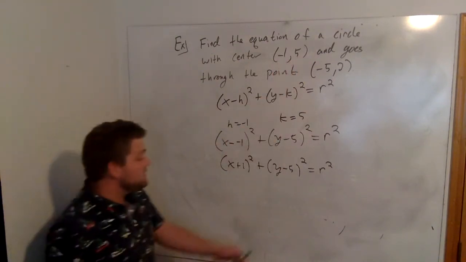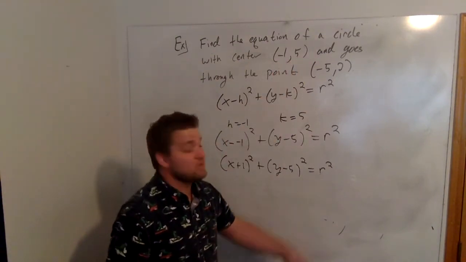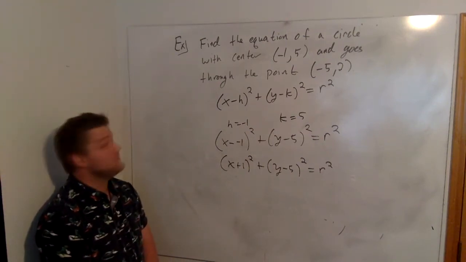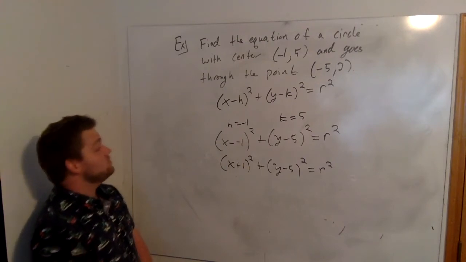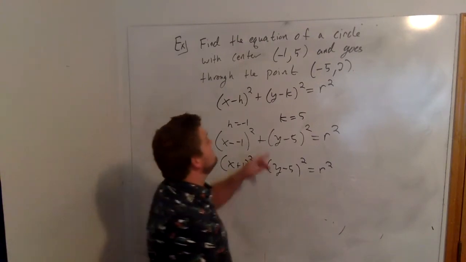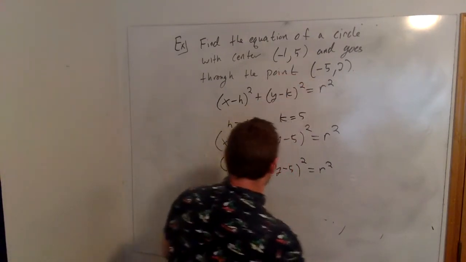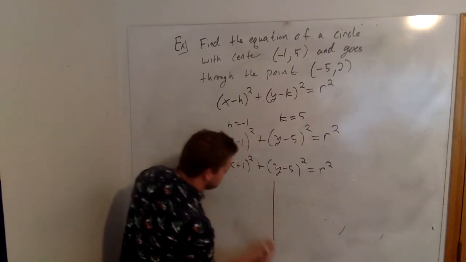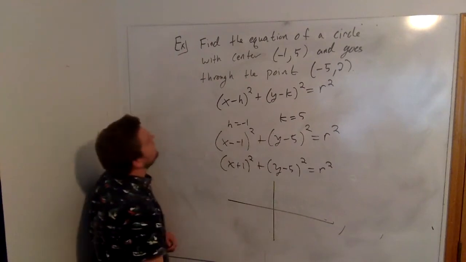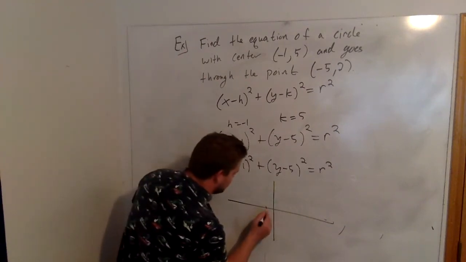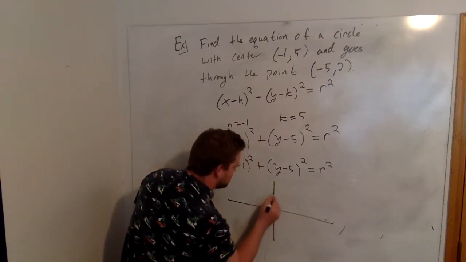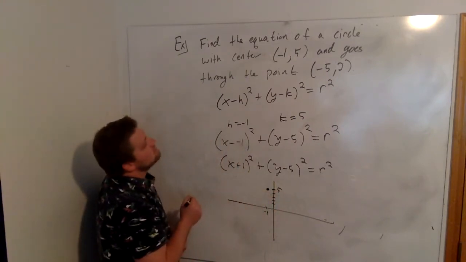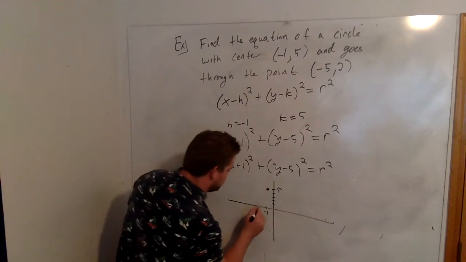Now we need to figure out what the radius is. I think there are 2 ways we could do this problem. One is you could try to find the distance between these 2 points. If we draw our picture, we have the center at (-1, 5), and the circle passes through the point (-5, 2).